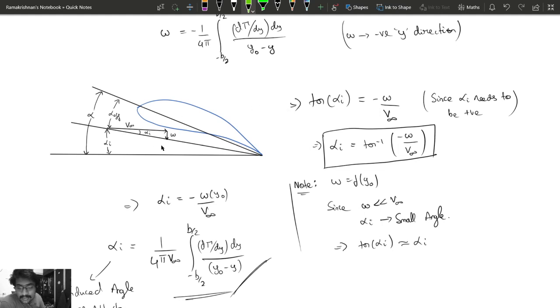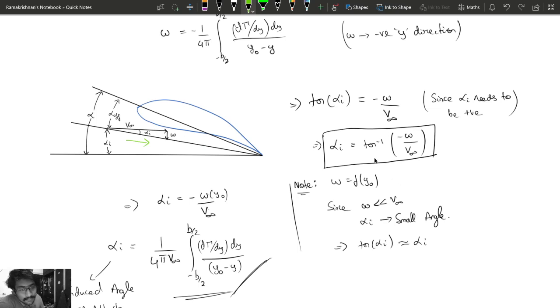And we come back to the same figure that we saw earlier. From here we can say that tan alpha i is nothing but w by v infinity from this triangle. It is negative because we are taking it in the clockwise direction. So alpha is tan inverse of minus w by v infinity, and from the figure it is clearly visible that w is a very small downward velocity compared to the free stream velocity v infinity.